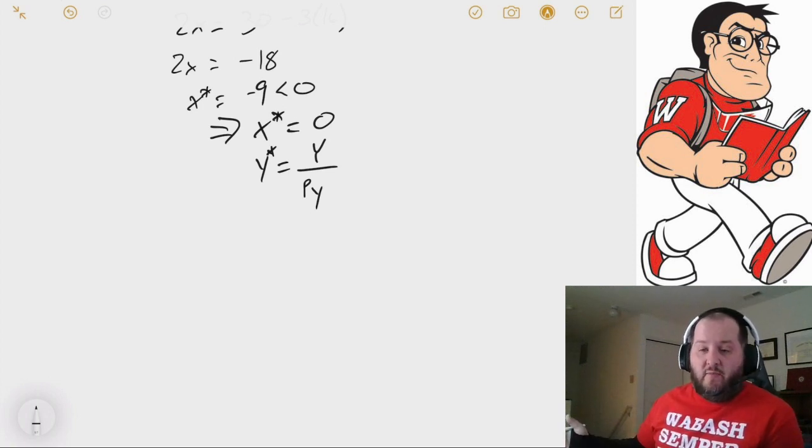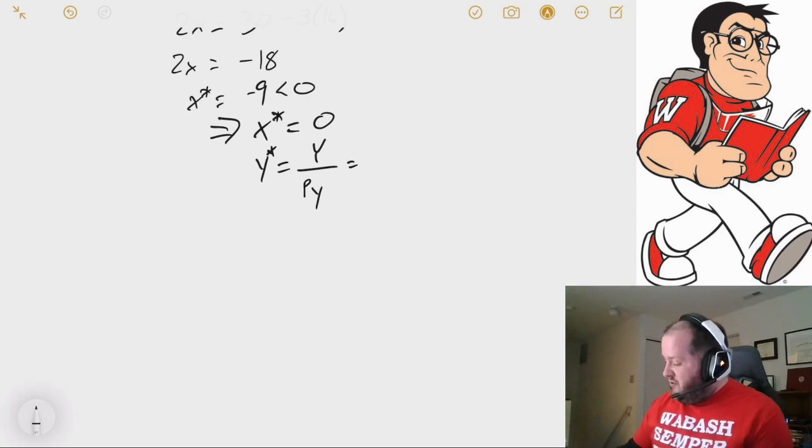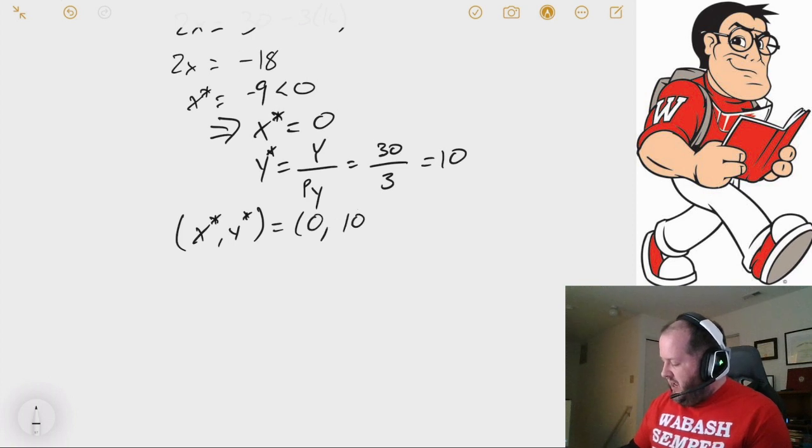So that's 30 over 3, which equals 10. And so our equilibrium bundle in this case is 0, 10.